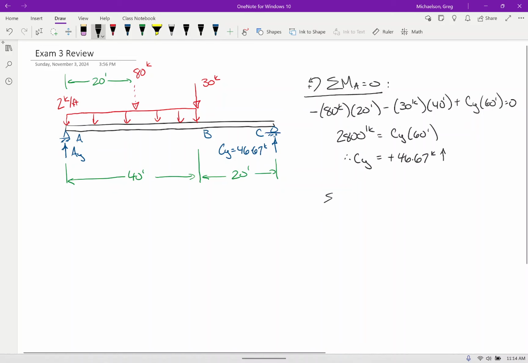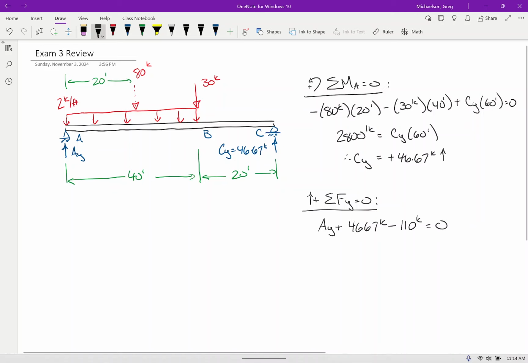And then summing forces in the y direction: AY plus 46.67 minus 110 kips is 0, because we have 80 and 30 going down.